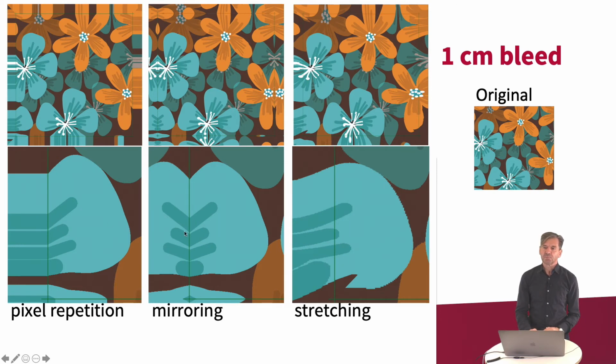For these types of patterns, mirroring is similar, so it would only work well, in this case even less well than pixel repetition, because it mirrors the angle where the object gets to the trim box.